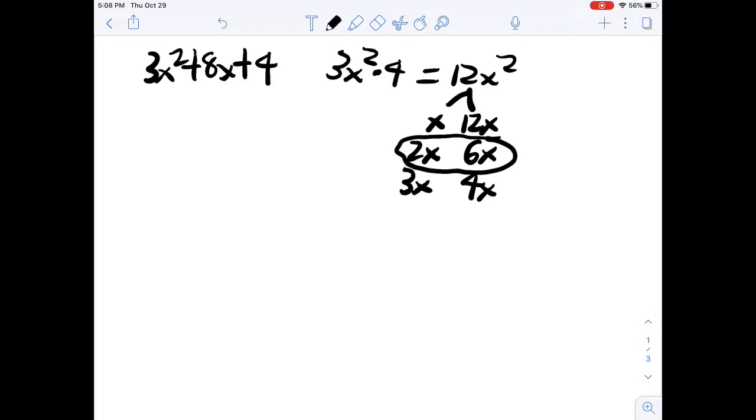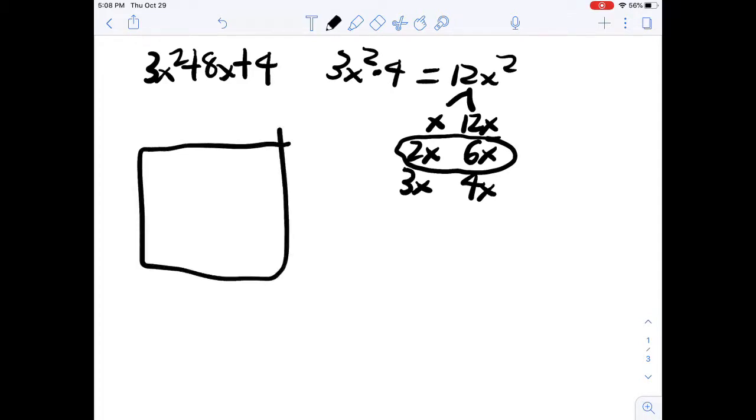And now we're going to create this square with 4 smaller squares in it. In the top left corner, we're going to write the first term, 3x squared, and in the bottom right, we're going to add the last term. So we're going to put 4 here. And now we're going to put 2x and 6x in these empty squares.